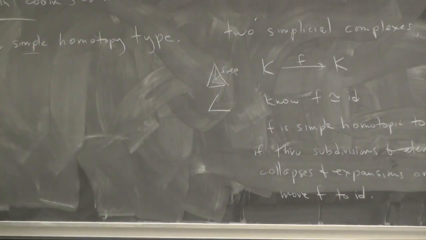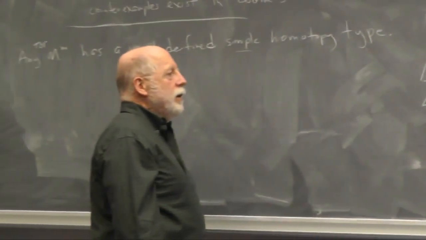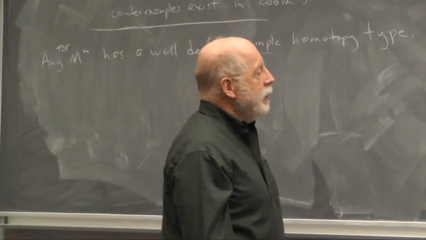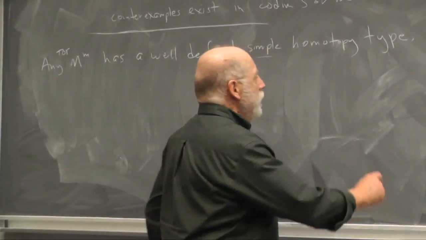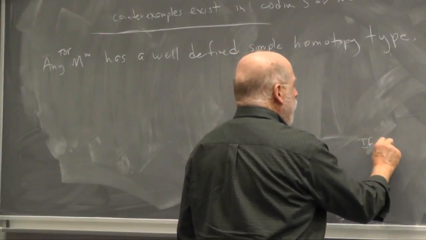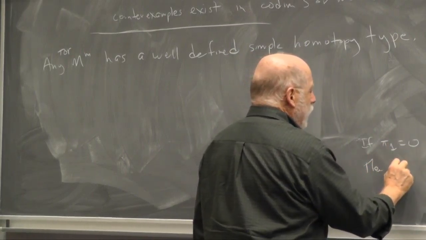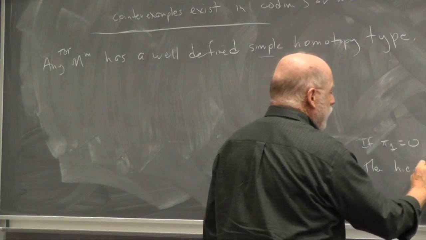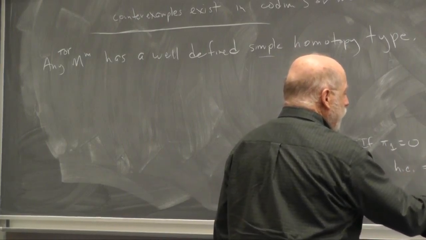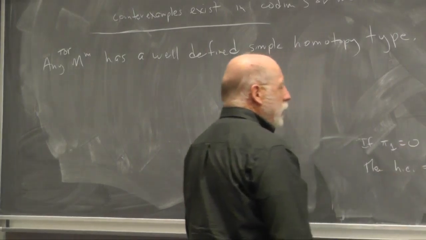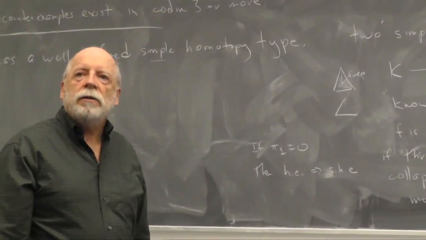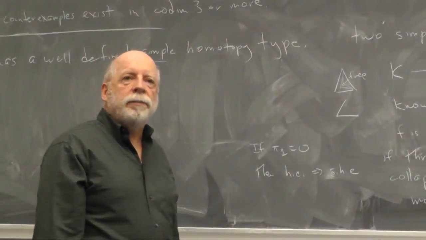Not all things which are homotopic are simply homotopic. If pi 1 is 0, then homotopy equivalence implies simple homotopy equivalence. But when pi 1 is not equal to 0, then it's not necessarily true.